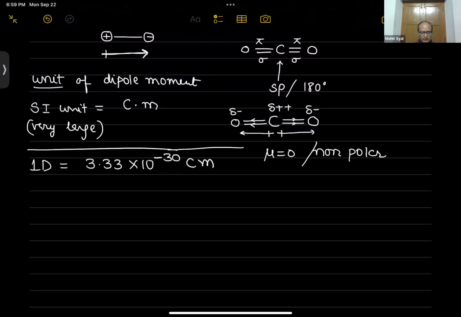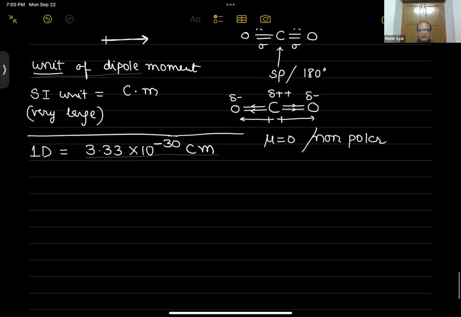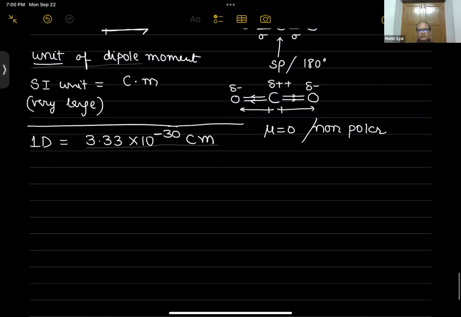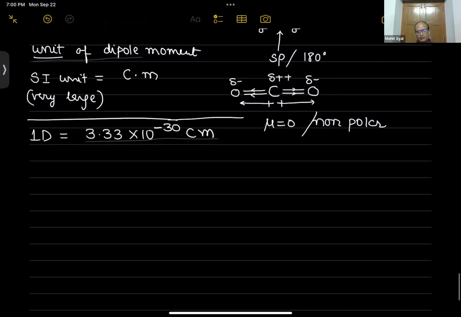This is the next theory, which helps us understand how and why molecules participate in bonding. It is a more accurate theory than VBT. As of now, we are doing VBT, valence bond theory.